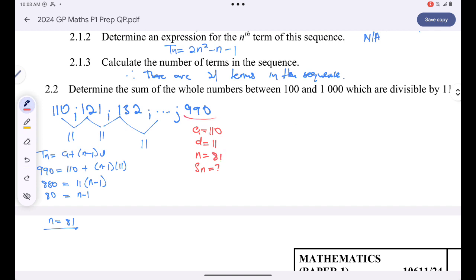Now, because we do have our last term, we can simply say Sn is equal to n over 2.